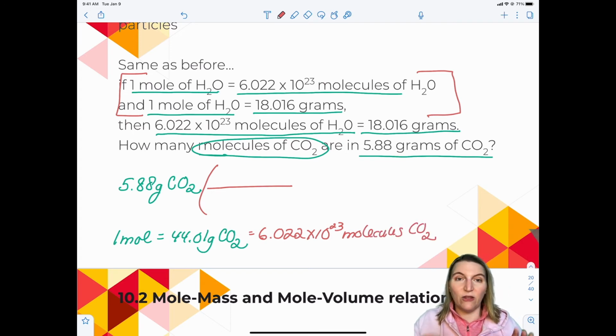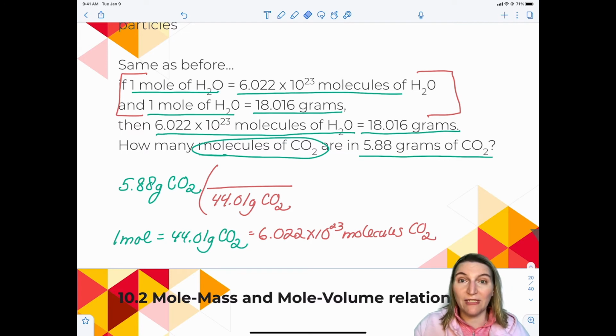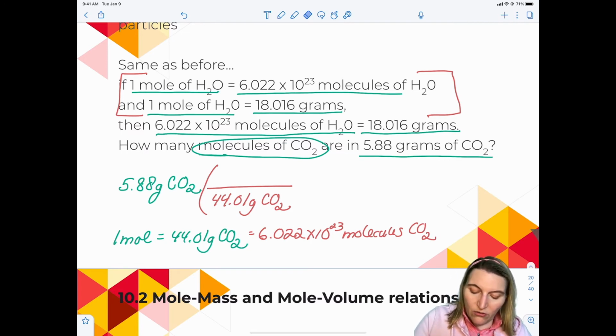These are 3 conversion factors, they're all equal to each other, so I can put them in parentheses any way that I want. I need to match up the units, so I'm going to put 44.01 grams of carbon dioxide on the bottom, and the question is asking me to convert to molecules of carbon dioxide. So on the top, I'm going to put 6.022 times 10 to the 23rd molecules of CO2.